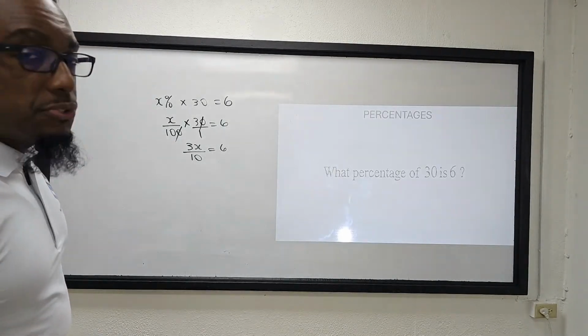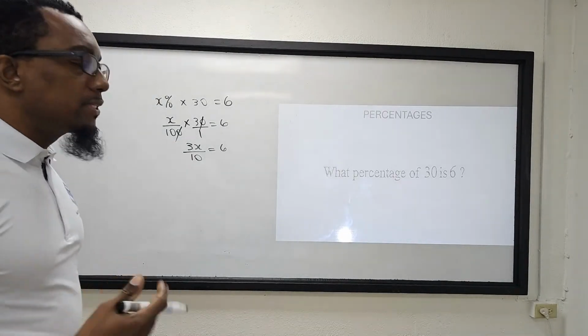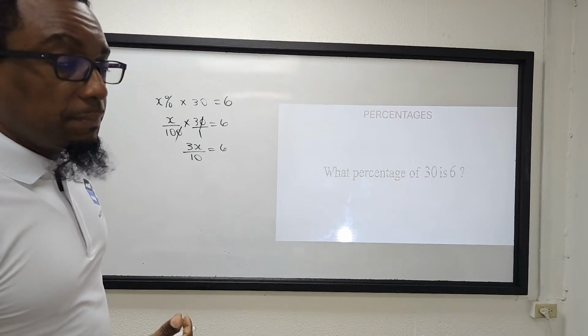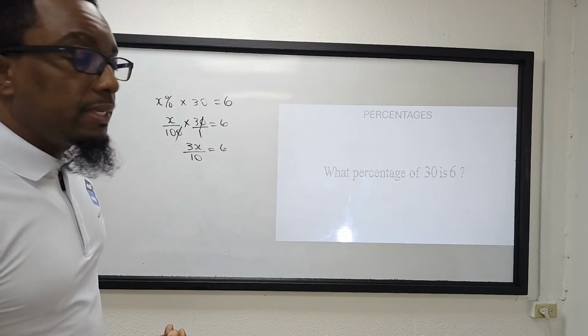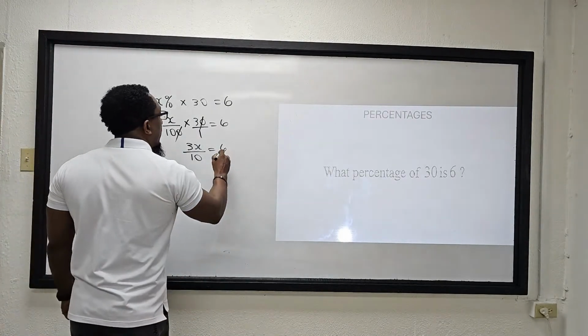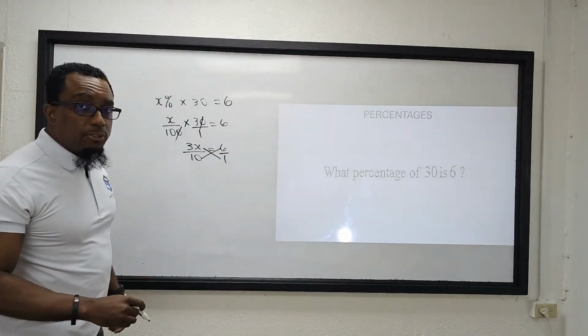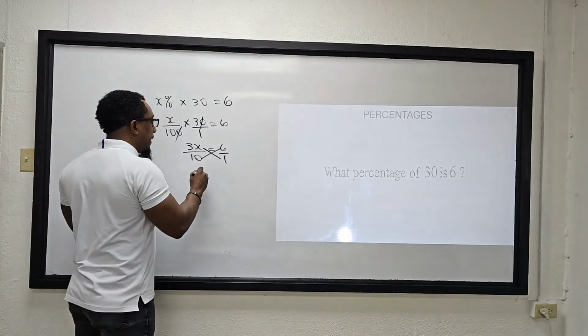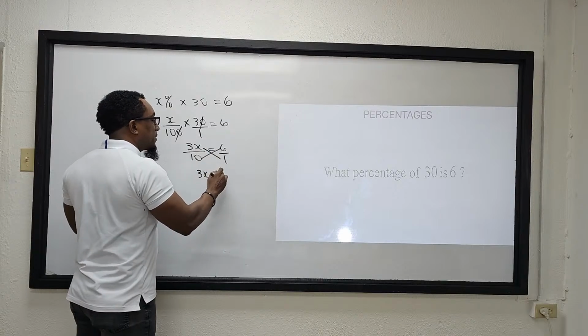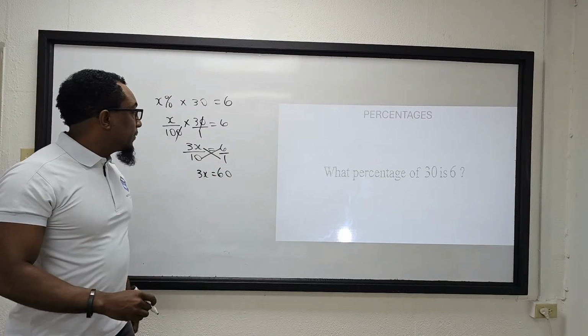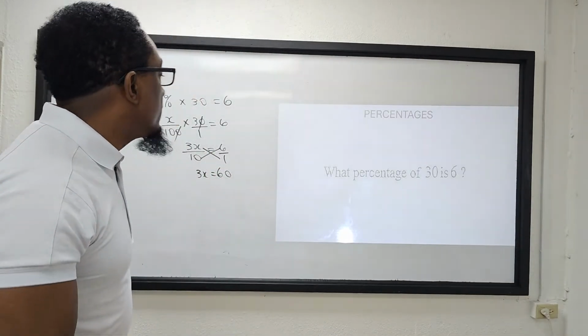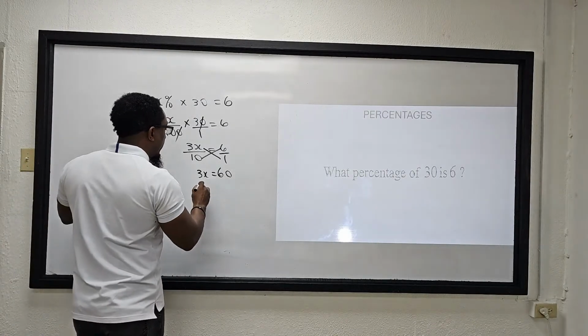Now what we have here is a simple equation, and again we are going to be reviewing our algebra. To solve an equation like this, 6 is 6 over 1, and we can cross multiply to remove it from the fraction. So 1 by 3x is 3x, 10 by 6 is 60, and therefore to get x by itself I'm going to divide both sides by 3.